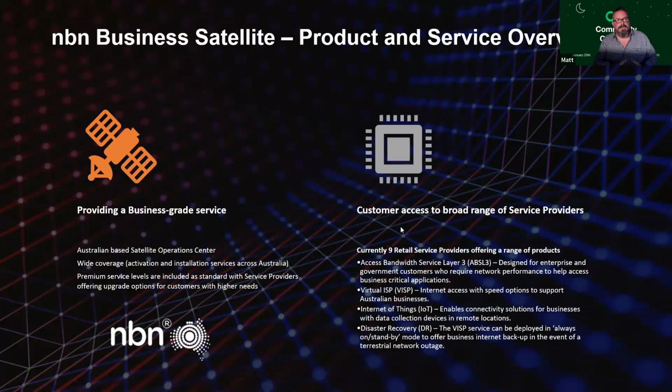So in cities we have things like fibre to the premises, but the area of NBN that I'm working in is the business satellite service, which provides a business grade satellite service to basically remote areas that can't have the fixed infrastructure. I'll get to those different use cases. We offer a number of different products around that internet connectivity via satellite.